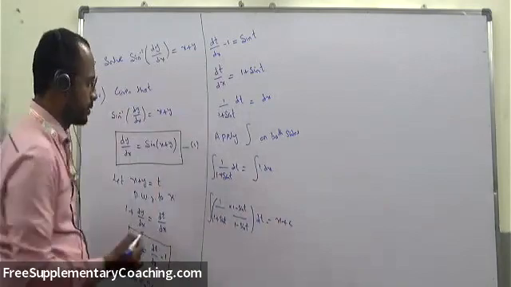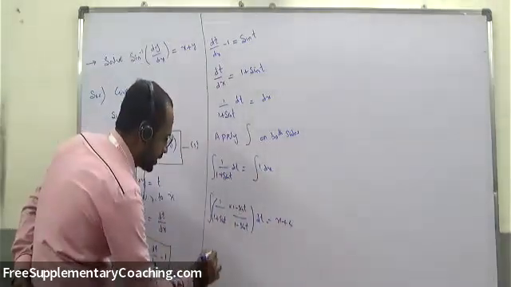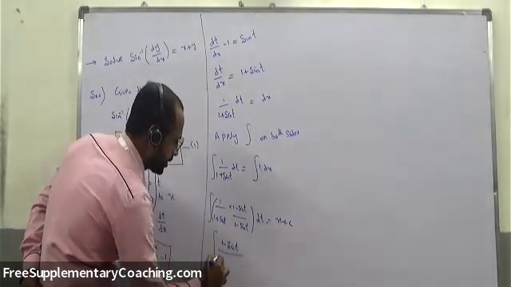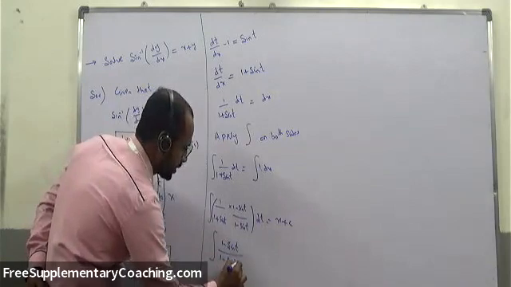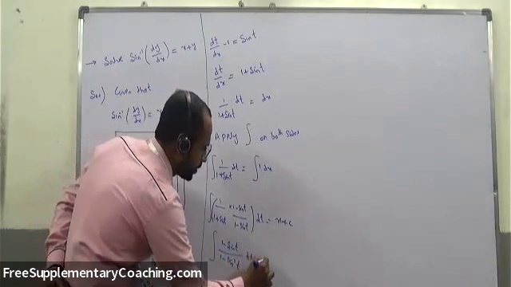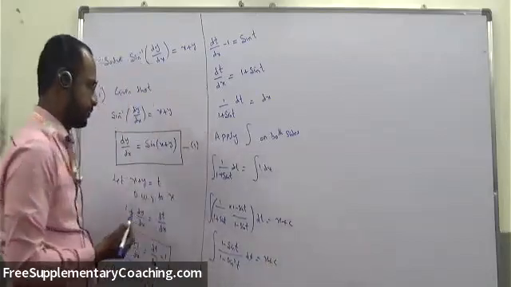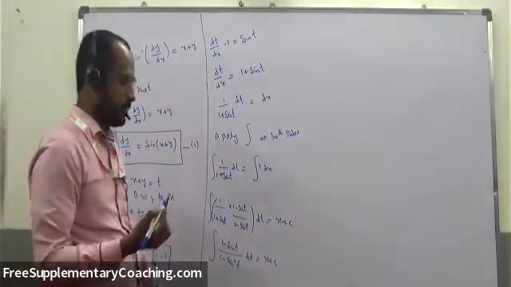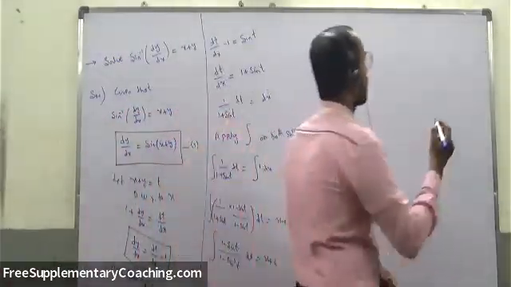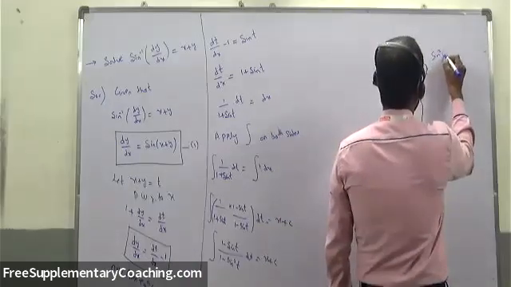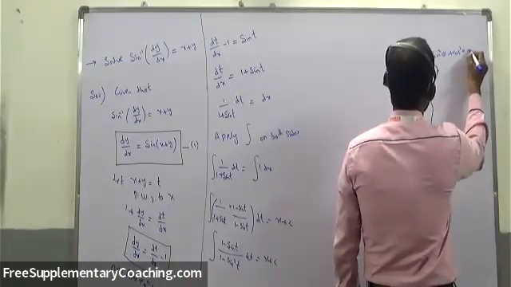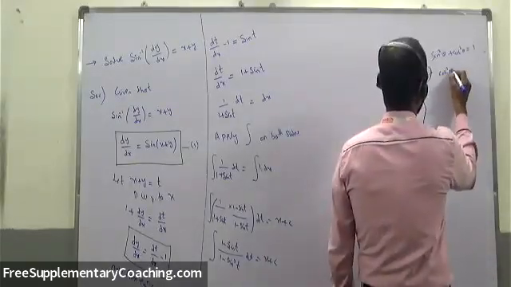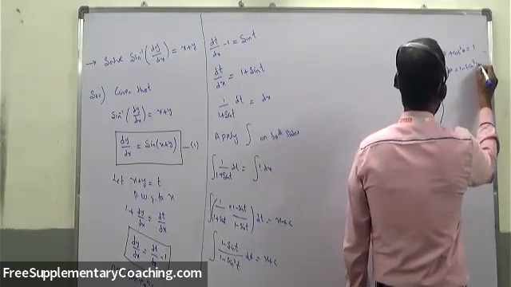Writing it properly, integration of 1 minus sine t divided by 1 minus sin square t dt is equal to x plus c. Again, the basic use of the trigonometric identity: sin square theta plus cos square theta is equal to 1, so cos square theta is equal to 1 minus sin square theta.